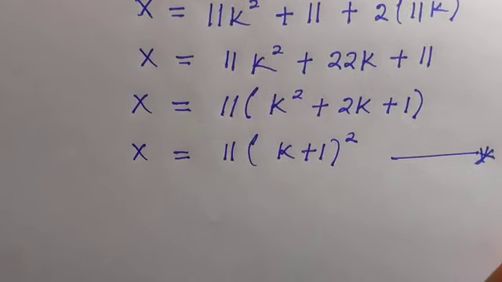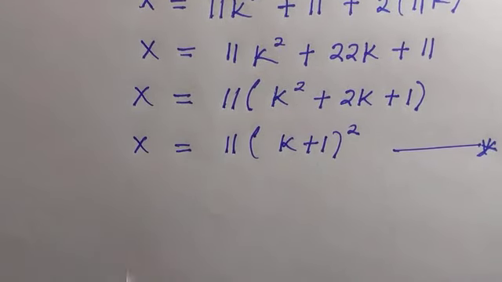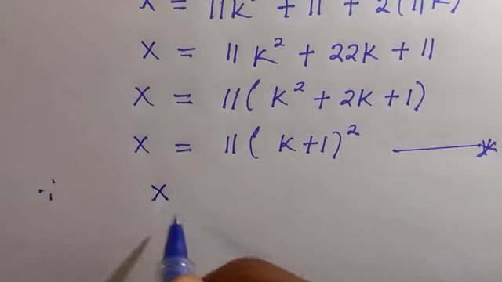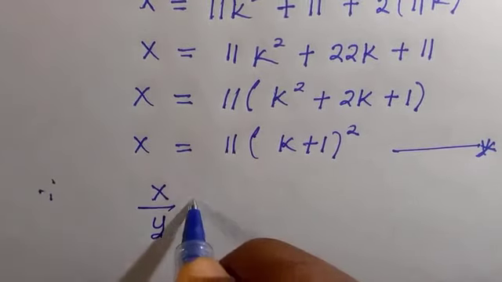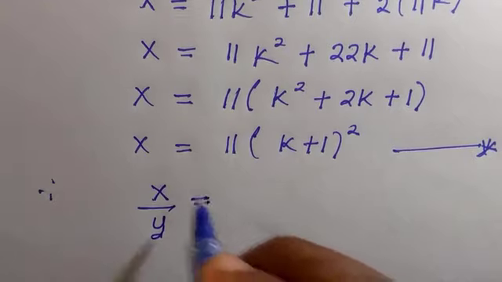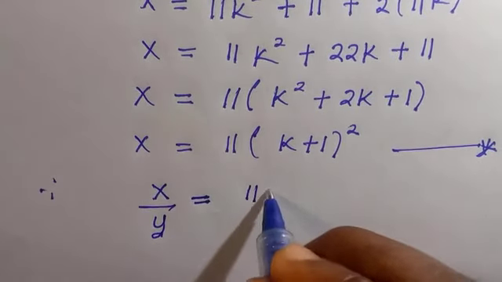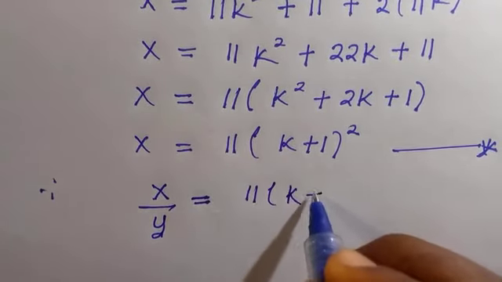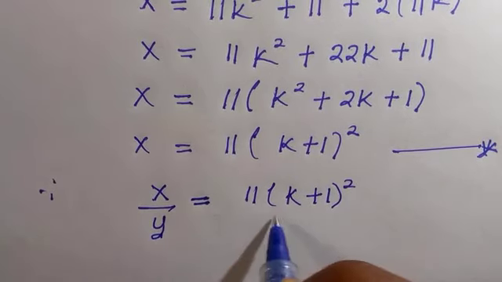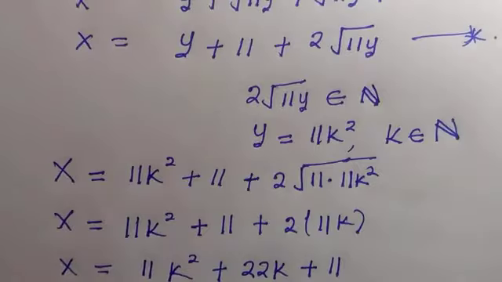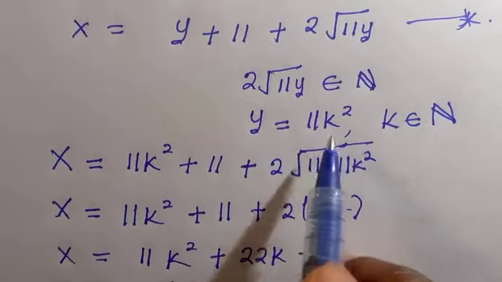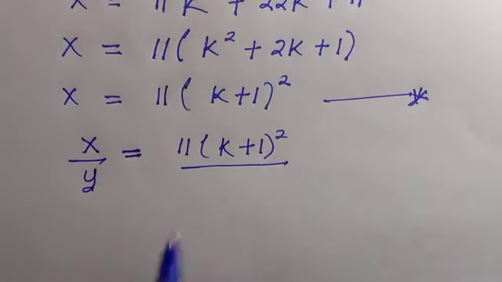Since we have gotten the value of x in terms of k, and we also have y in terms of k, we can now combine these two as what we are asked to find, x divided by y equals 11 in bracket k plus 1 squared divided by the value of y here, 11k raised to power of 2.